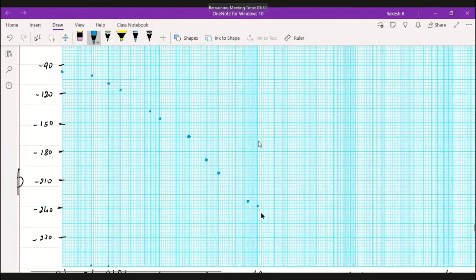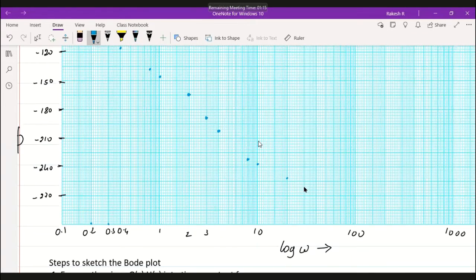Now for 20 we got 253, in the middle somewhere here. For 30 we got 258, somewhere here. Then 261 is somewhere here. And then 265 here. At the end, infinity is this one.